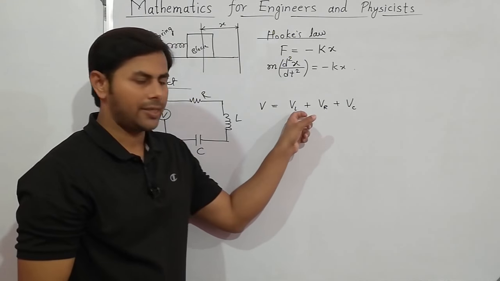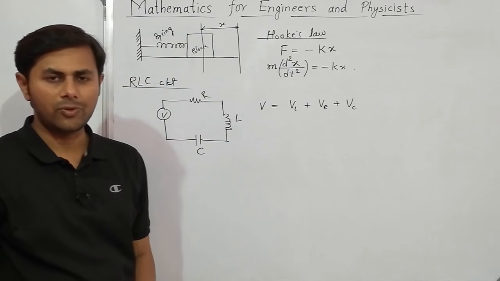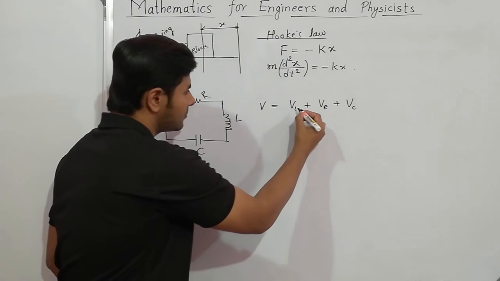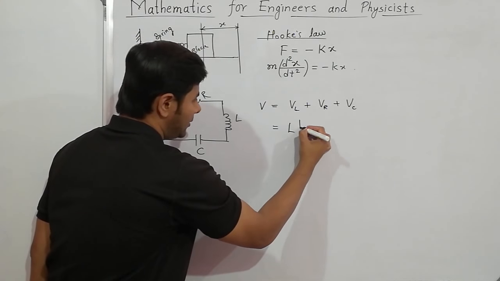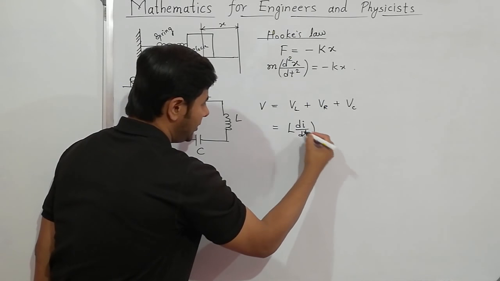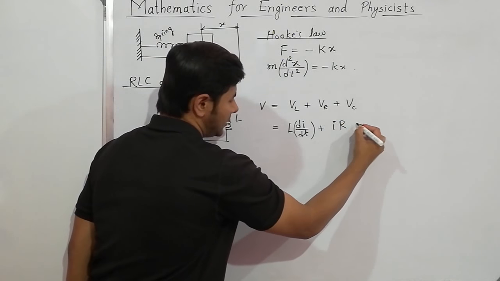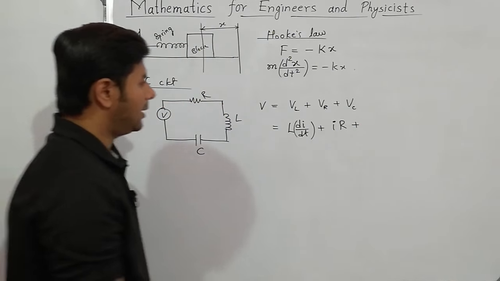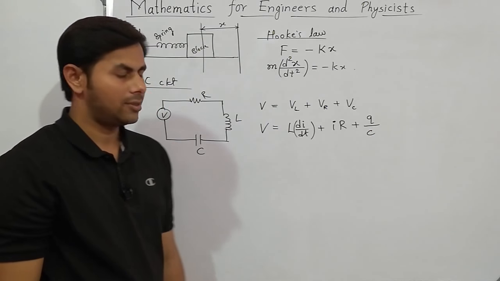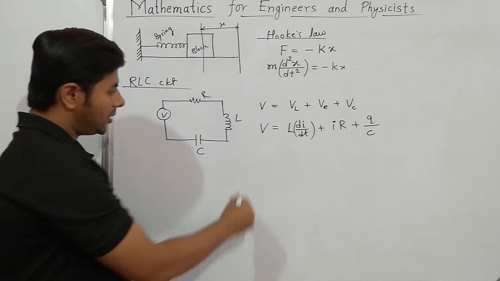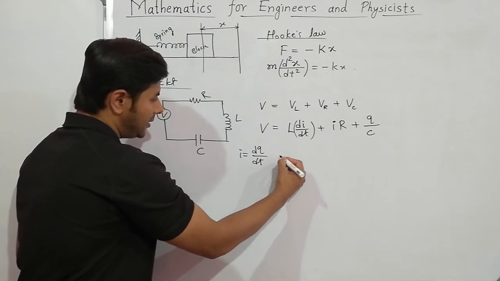VL is the voltage in the inductor, VR is the voltage in the resistor, and VC is the voltage in the capacitor. Now we know VL equals L di by dt, VR by Ohm's law is I times R, and VC is Q divided by C. And we also know that current is equal to dq by dt.